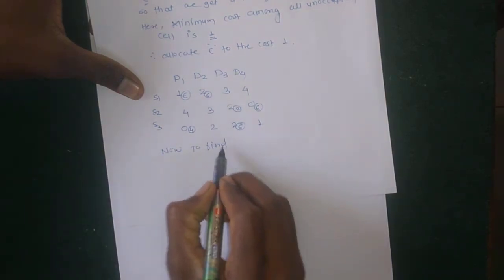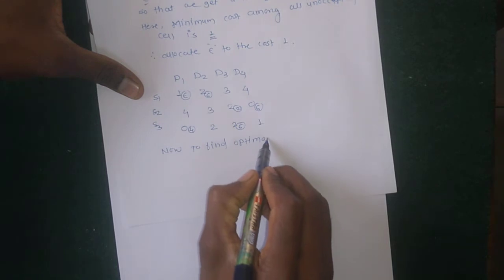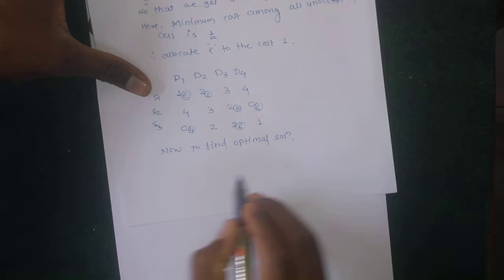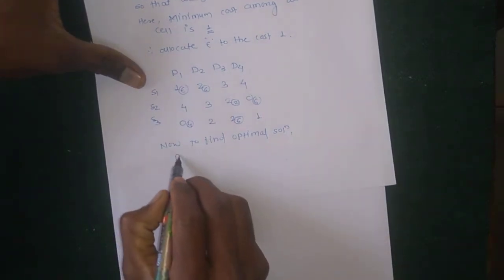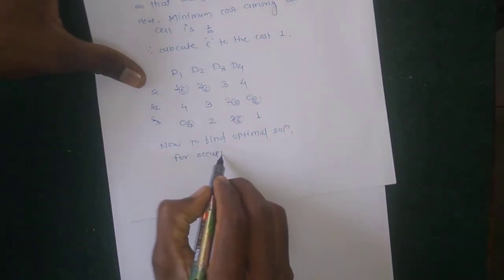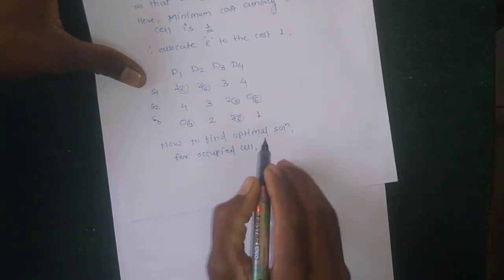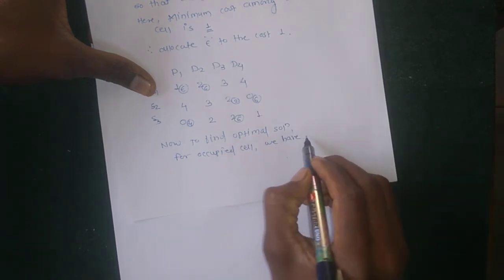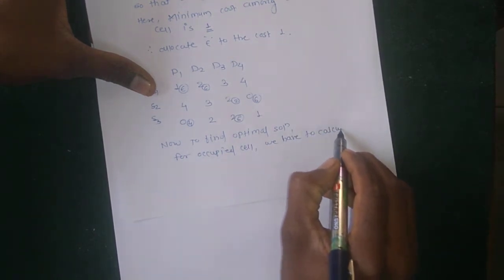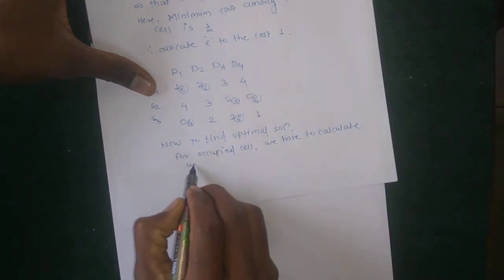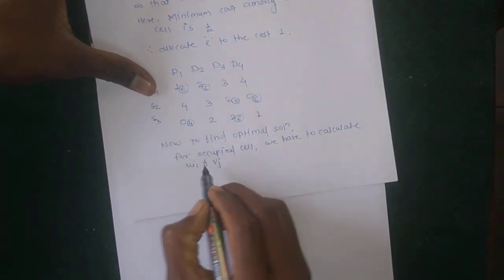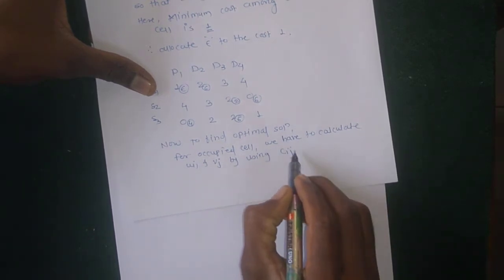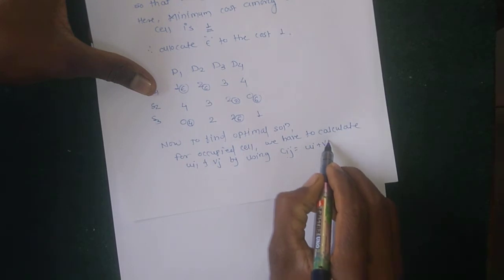Now to find the optimal solution for occupied cells, we have to calculate ui and vj by using Cij equal to ui plus vj.